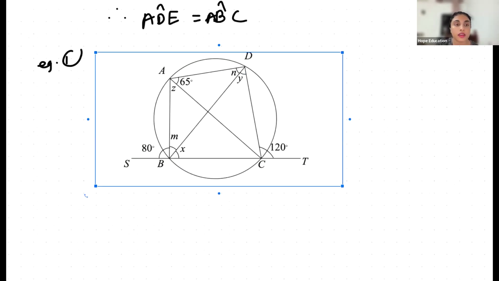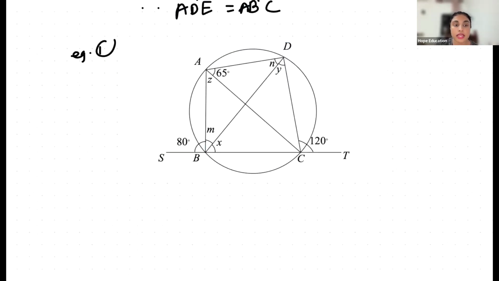First I will highlight the cyclic quadrilateral, otherwise I get confused. So this is my cyclic quadrilateral.